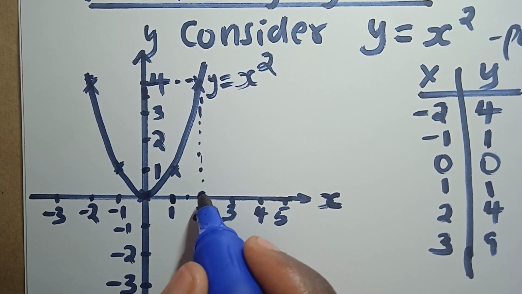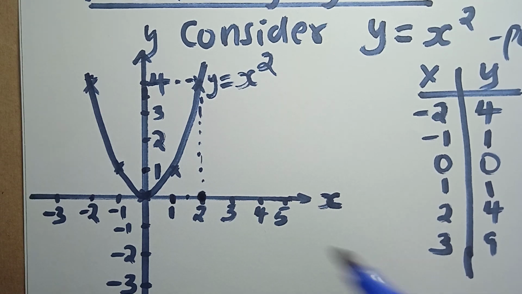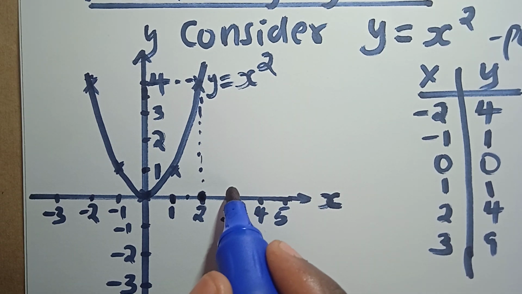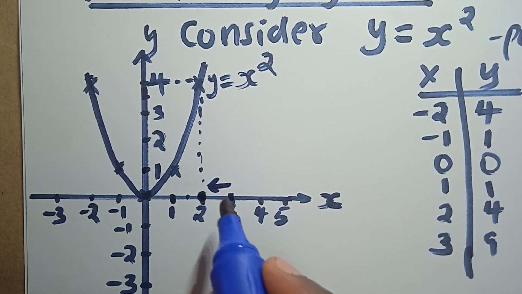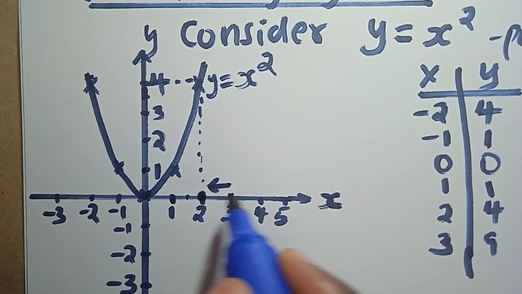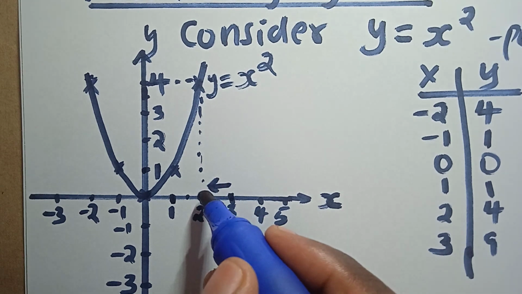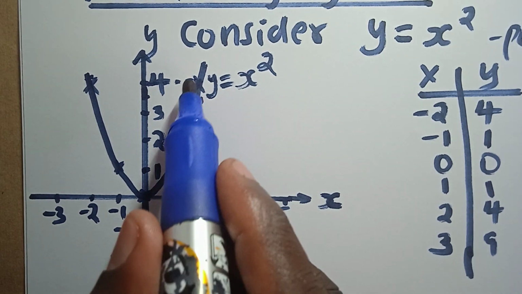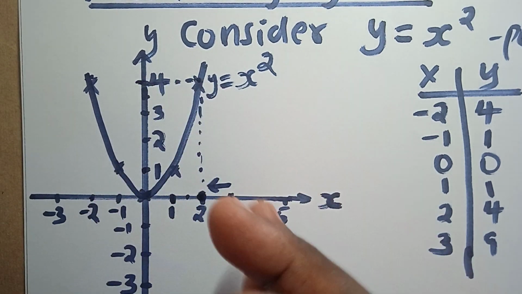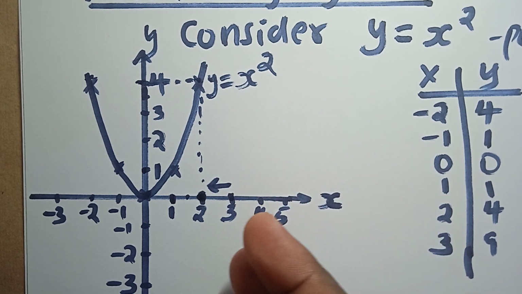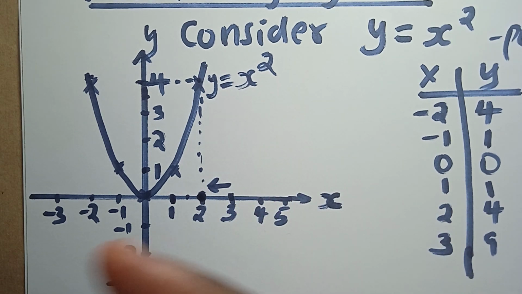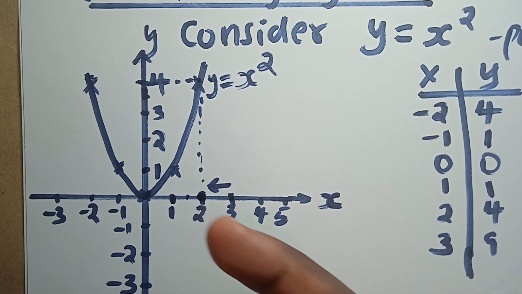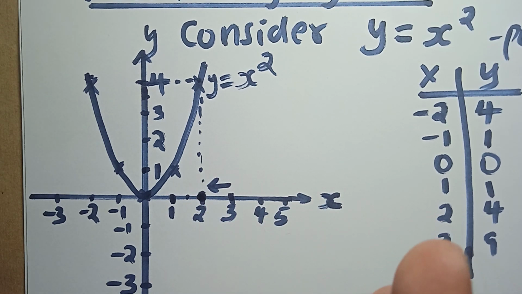Now, if you start approaching 2 from any of the sides, let's say that you are moving from 3, you are approaching from 2.9, 2.8, 2.5. As you approach 2, the value of y must also be approaching 4. You can try that with 2.8, 2.7, 2.5, 2.2, 2.1 until you have 2; all those values will be approaching 4.